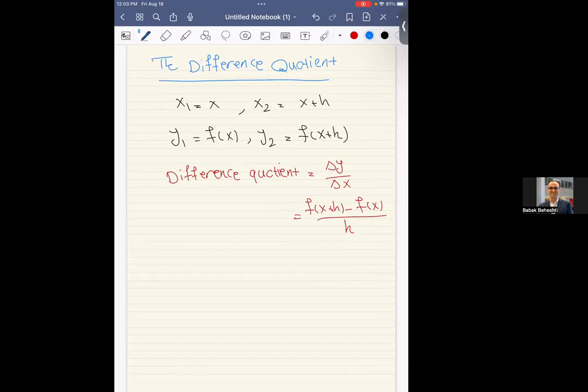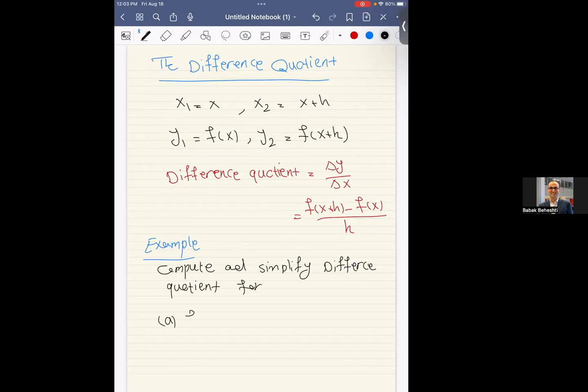So for example, can you compute and simplify the difference quotient for a, f of x equal to x squared, b, f of x equal to x cubed, c, f of x equal to root x.